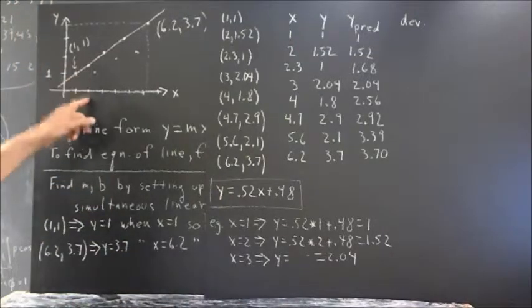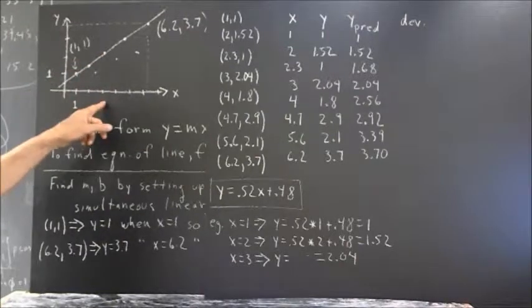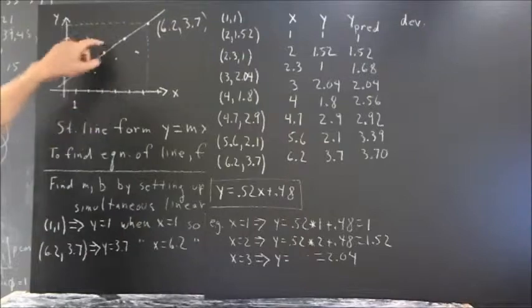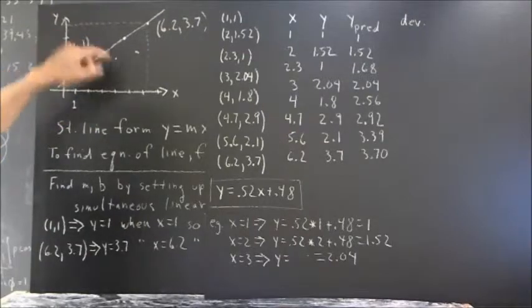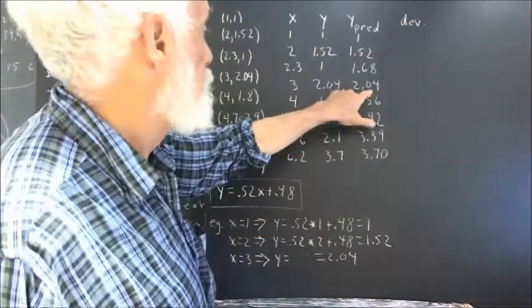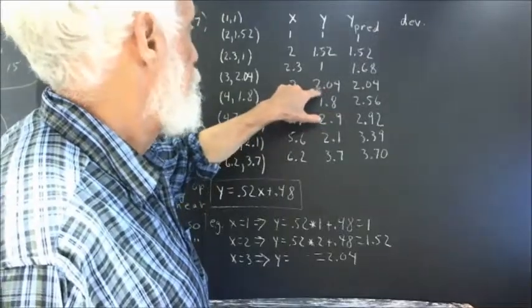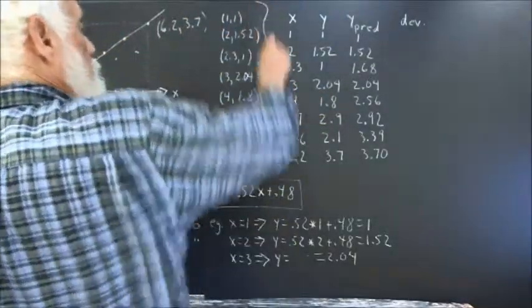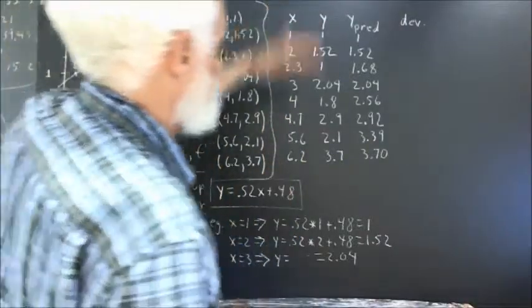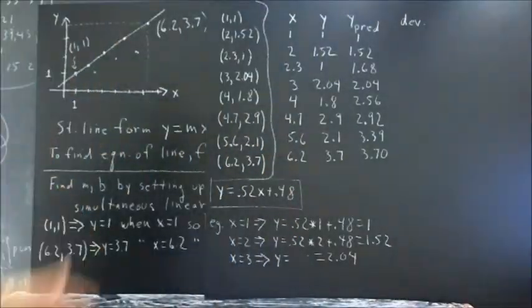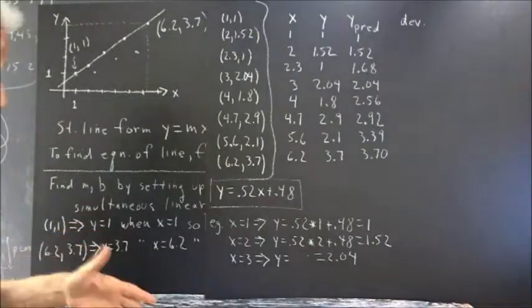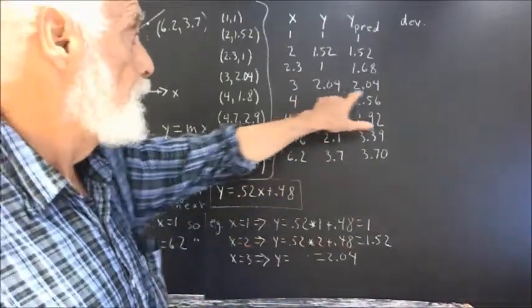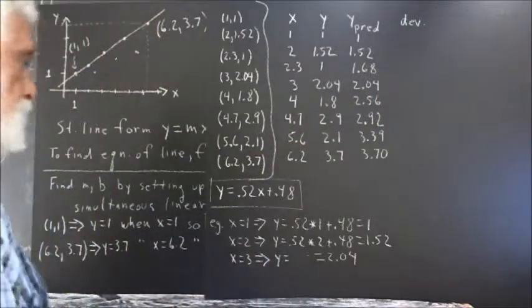Here x equals 1, here x equals 2, here x equals 3, and I skipped this point here. The x equals 3 point appears to lie on the graph, so that our prediction again agrees with our value. I don't have these coordinates over here lined up very well with my table, and that caused me to do something other than what I intended to do, but that's okay. X equals 3 gives us 2.04, and that gives us good agreement.